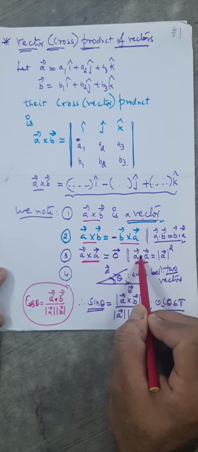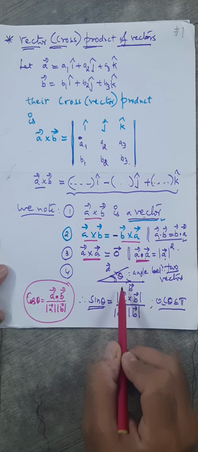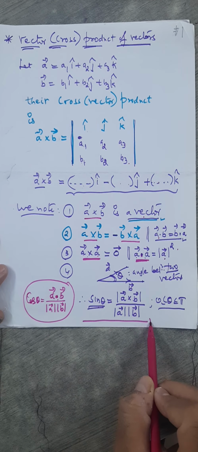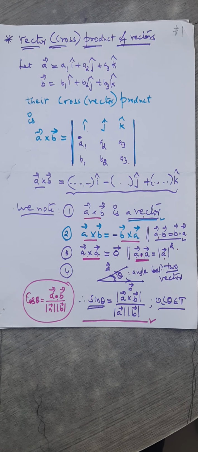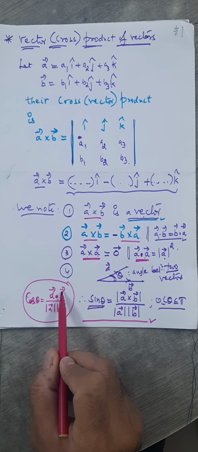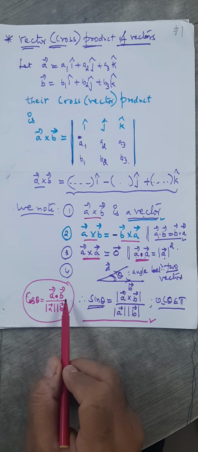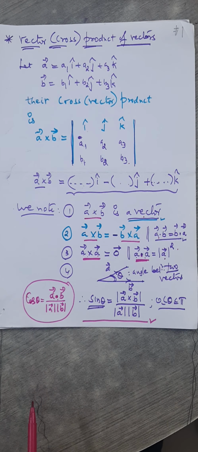Whereas in dot product, you had modulus whole square. If theta is the angle between two vectors, then sin theta is expressed by this. Remember, what's sin theta? That is the modulus of vector A cross vector B upon individual modulus. In the formula of cos theta, you had a dot product in the numerator and individual modulus. Here we don't have modulus in the numerator, remember. Fine.